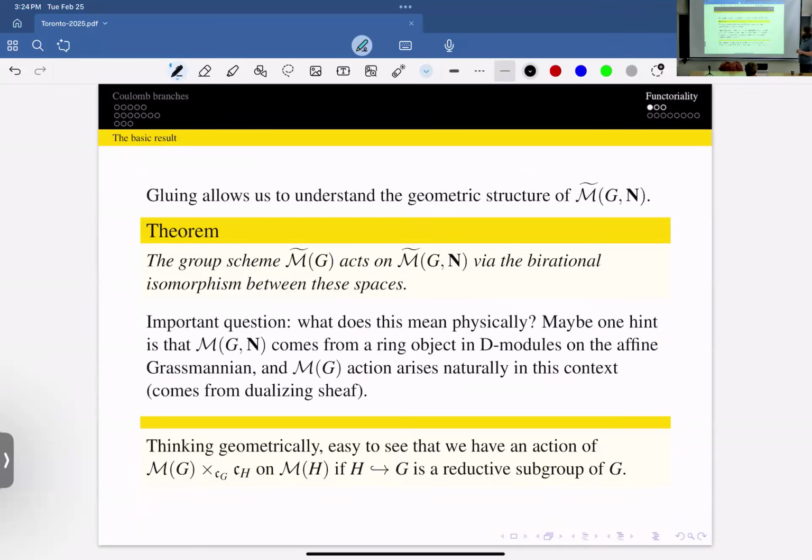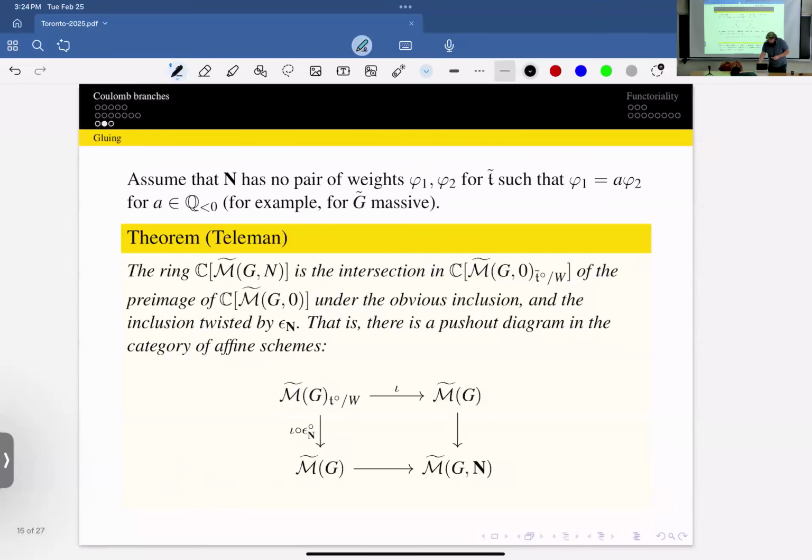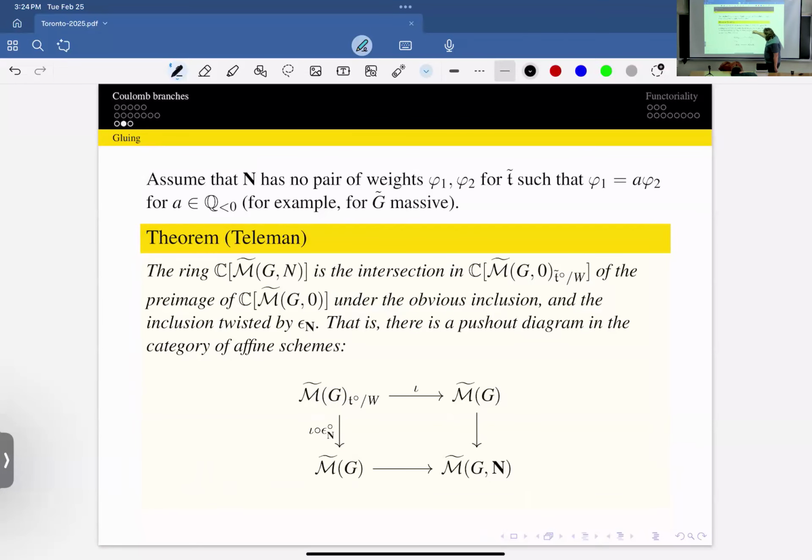All right. So one nice result of this is it shows that our group scheme MG acts on MGN for any n. Right? If you go back to this picture, well, MG acts here, MG acts here, MG acts here. And these maps all commute with the MG action.